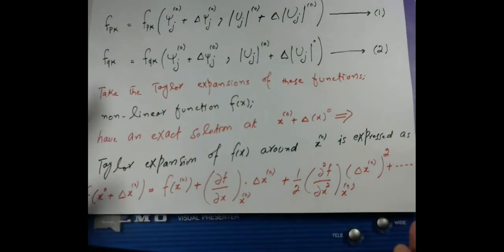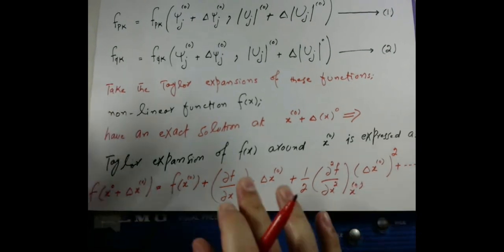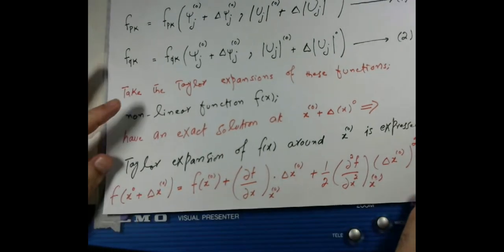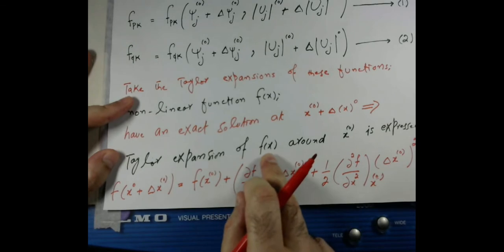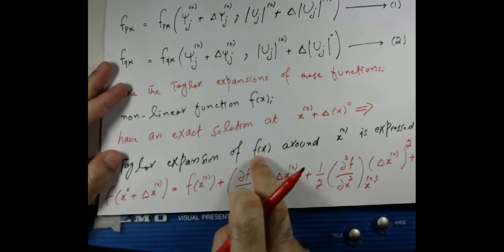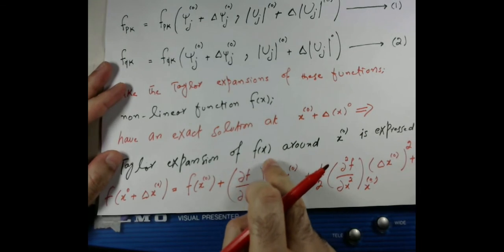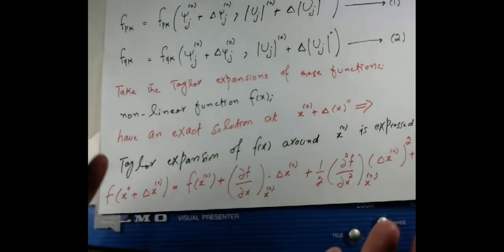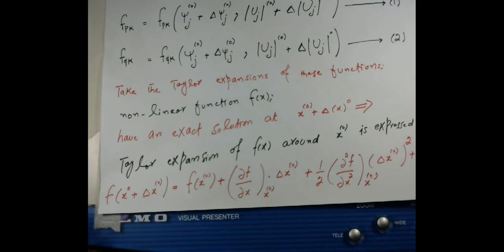So this is the Taylor expansion of a function f of x around x0, and I mentioned that this function is nonlinear, and we know that even the power flow problems are nonlinear by nature.